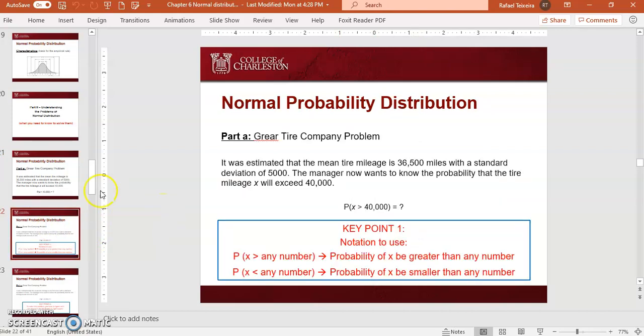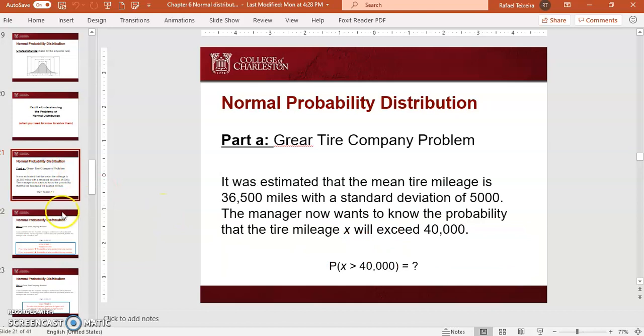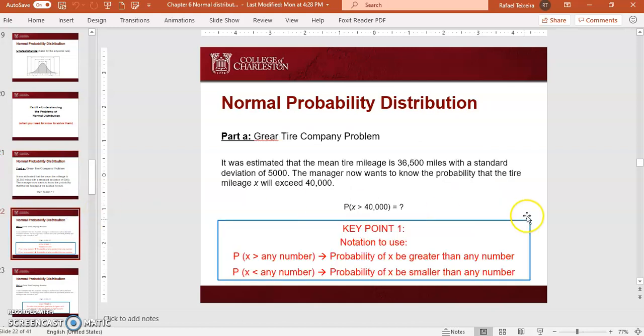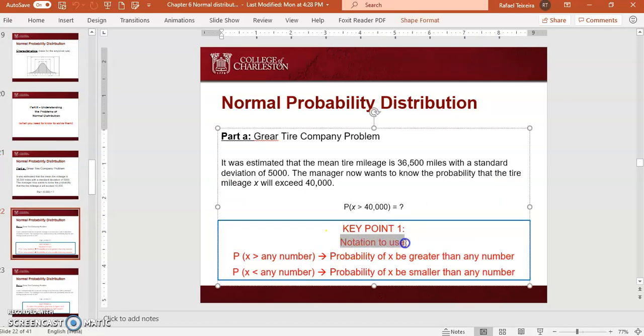I want you to understand some important takeaways and elements that you need in order to solve these problems. One of them is the notation to use in probability or statistics.